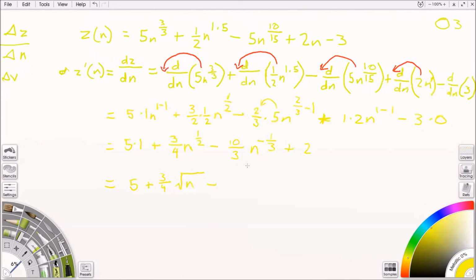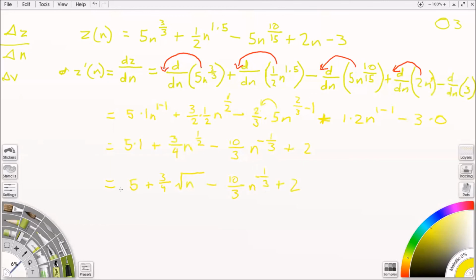10 over 3. I don't really think this one can be simplified any further. Correct me in the comments if I'm wrong, so everyone can see. But I'm going to just leave this as so.